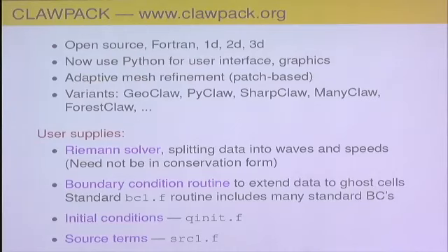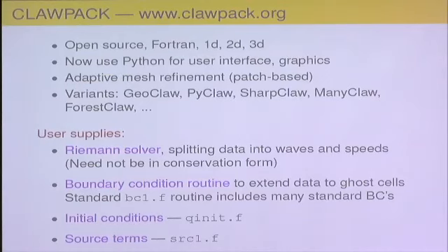MiniClaw is a version that's being developed for GPUs and other architectures. ForestClaw is something that Donna is working on using p4est as another way of implementing adaptive refinement on parallel machines. There's a number of activities. You can find links to most of these things at the main webpage.